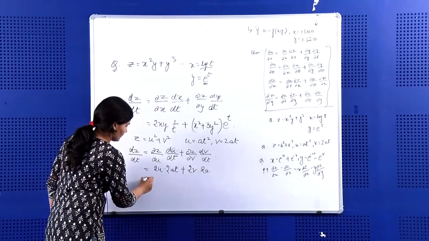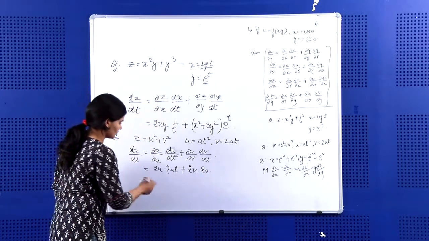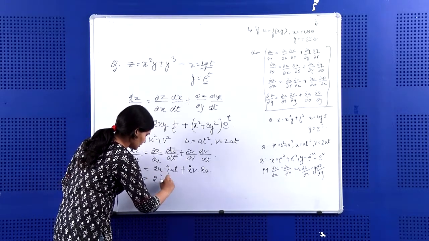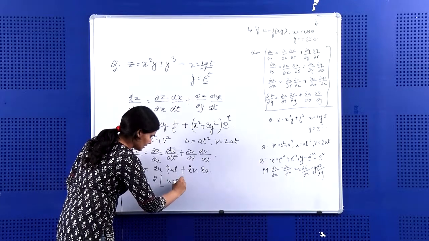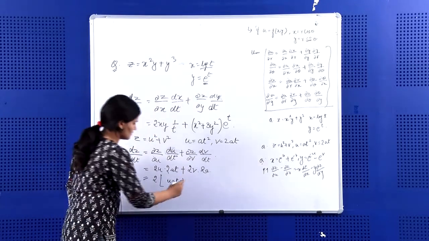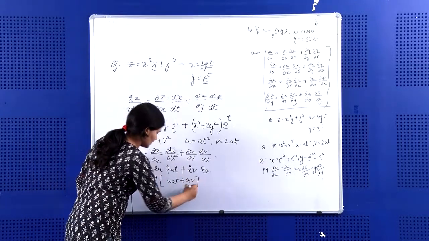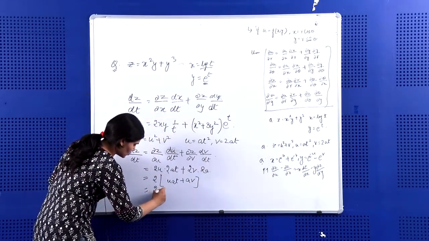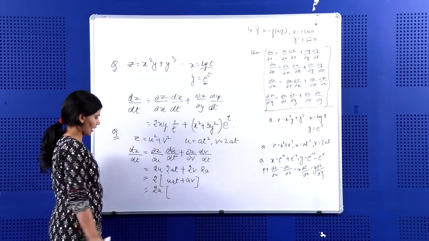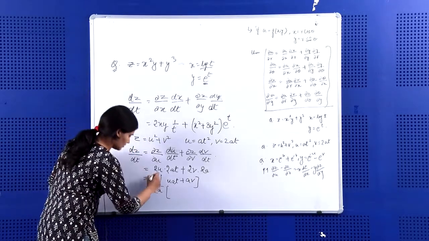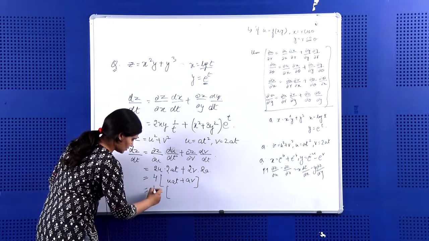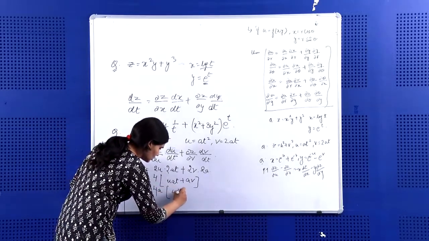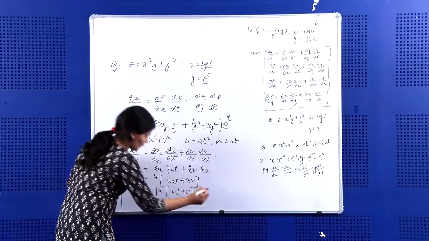So, 2 can be common, we are left with u into 2at plus v. And a can also be taken as common, so actually 4a is common, sorry, we are left with ut plus v.